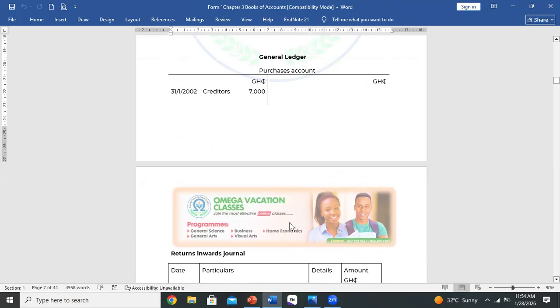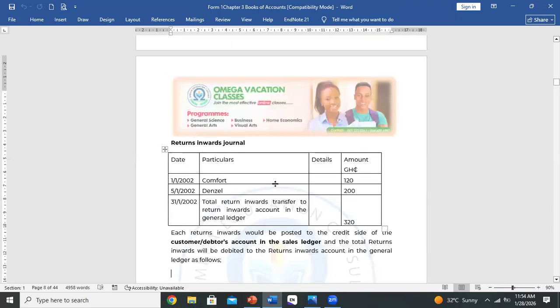I don't think so. Then for the return invoice and return outwards, that is also simple, because return invoice reflects debtors, or these are debtors who are returning back goods. And debtors already have their account in the sales ledger. So it will just go into the sales ledger to subtract, because returns in a way reduce the debtors balance or debt.